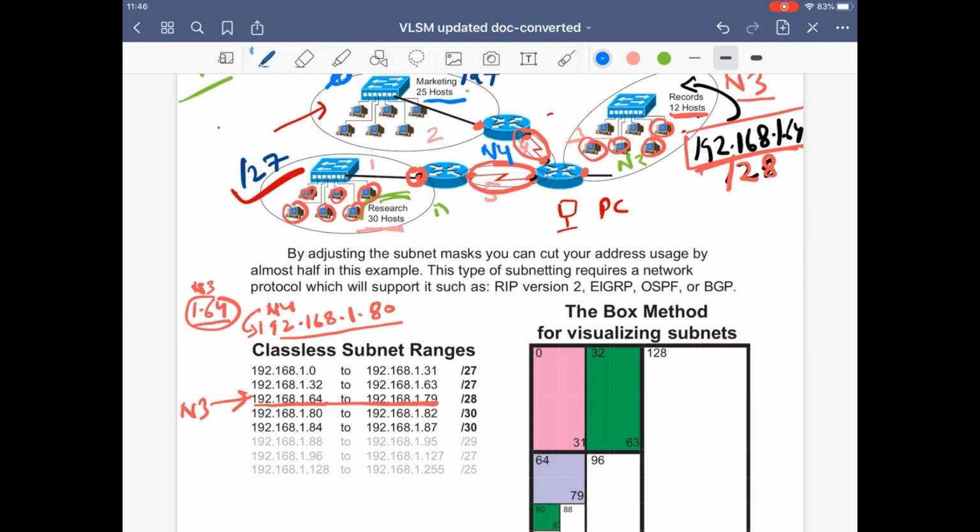So for 2 hosts, for N3 we had /28, right? For 2 hosts, n equals 1, 2 to the power 1.